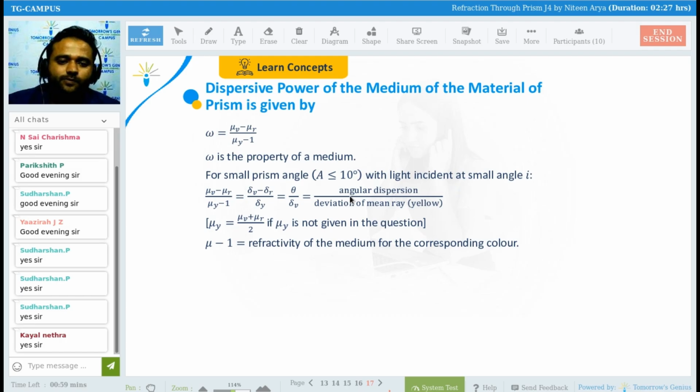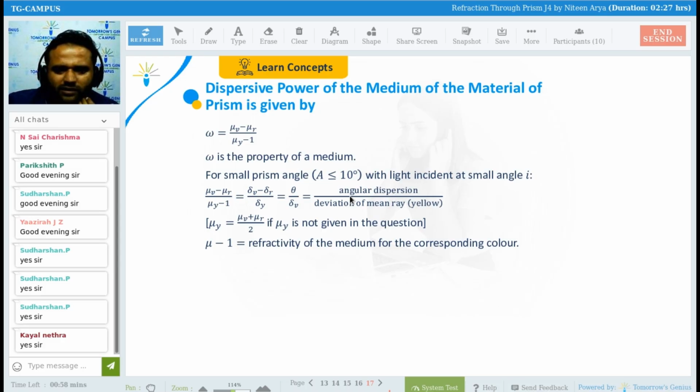Next thing. Now this is the dispersive power. So what is the dispersive power? Dispersive power of the material medium is the property of a medium, how much it is going to deviate. It is the property of the medium for a small prism angle, with the light incident at a small angle. mu Y is not given in the question; mu Y minus 1 is the refractivity of the medium.